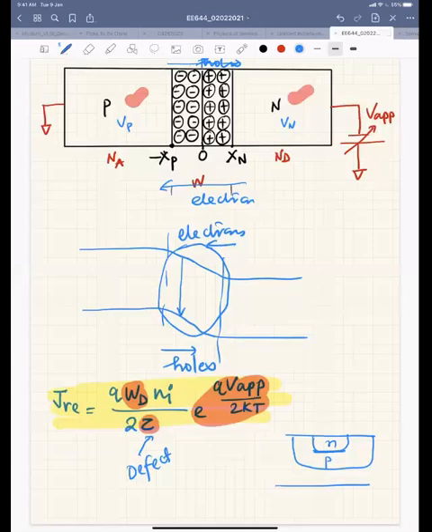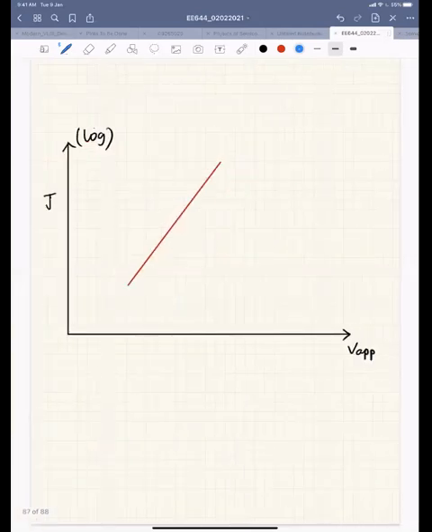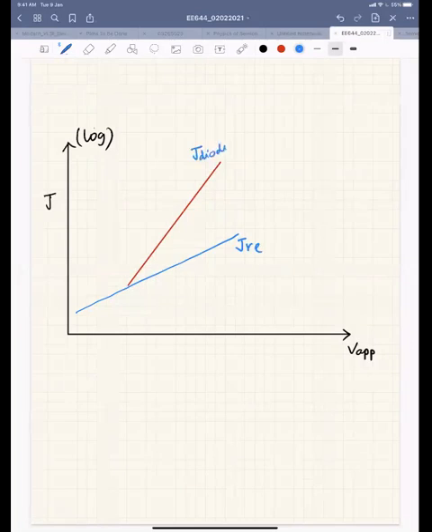If I plot this on a log plot, there is a recombination current always present, and this is my actual diode current. The diode current also has a different slope if you have very high voltage, where this is the high level injection case.